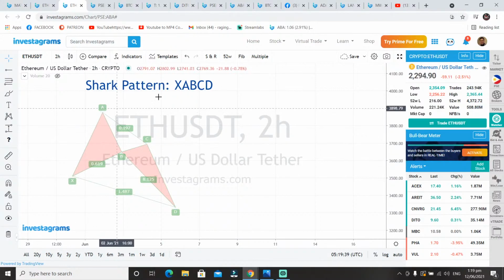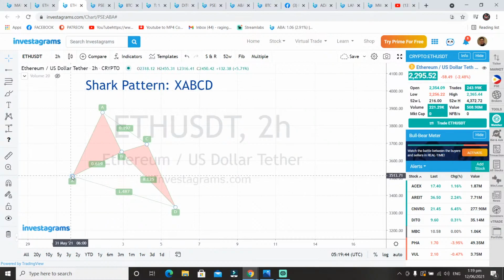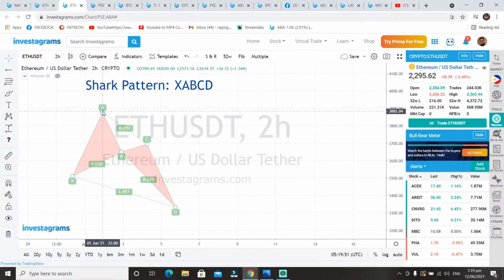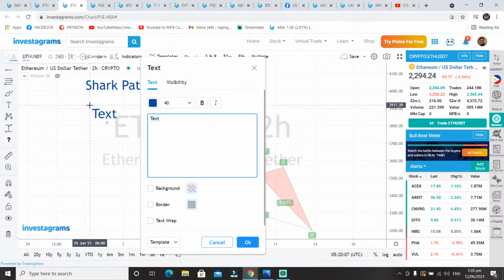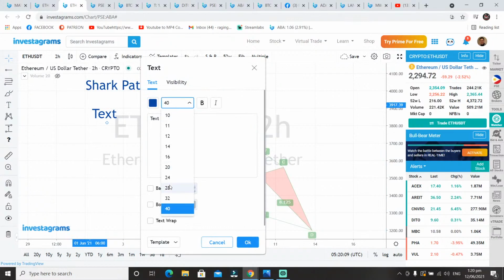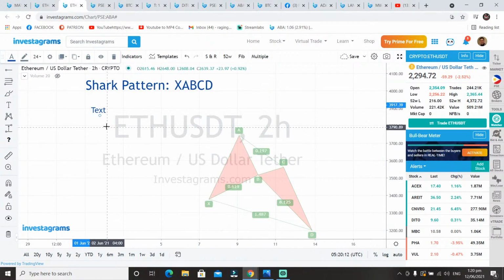That's one impulse. If we want to know point B, this is always a given. Once one impulse is completed, that's already X to A. What we should know is what will be the next corrective movement or corrective impulse, from A to B. So in order for us to find B, let's reduce this to 24.